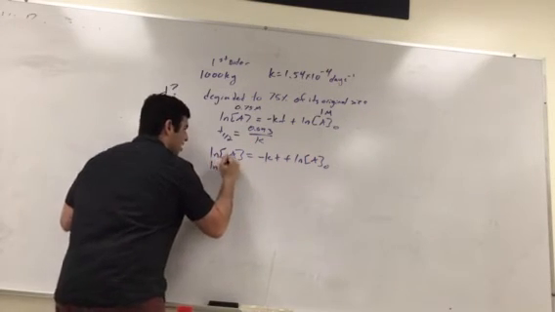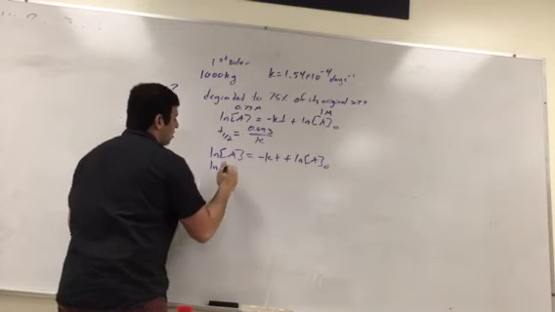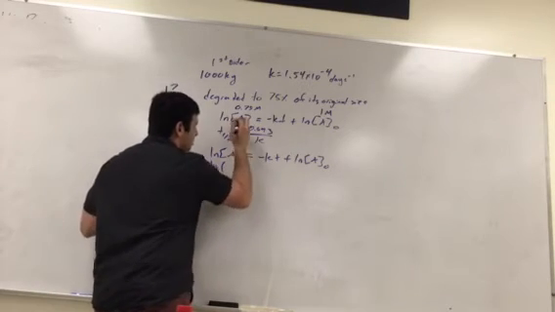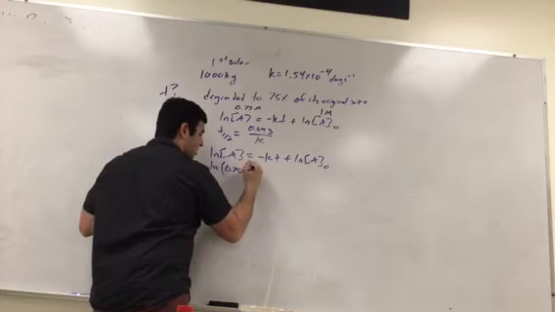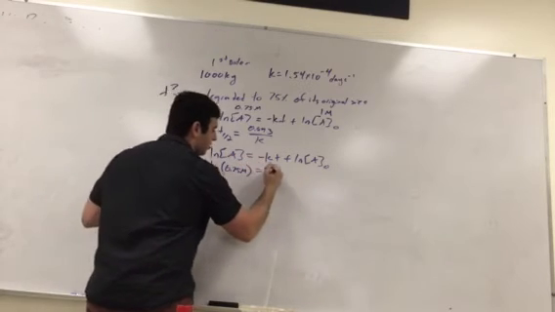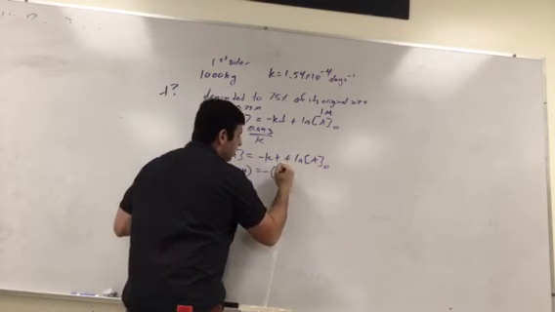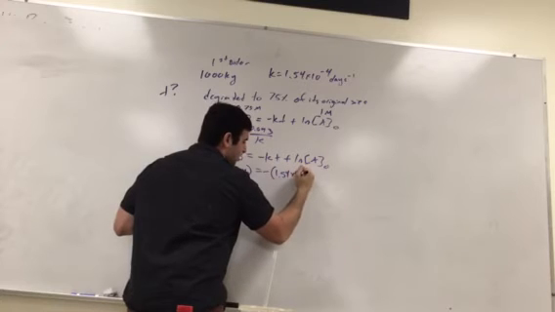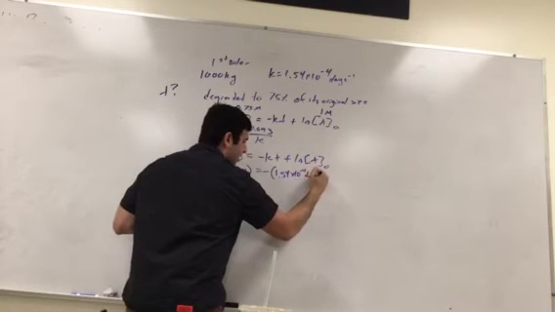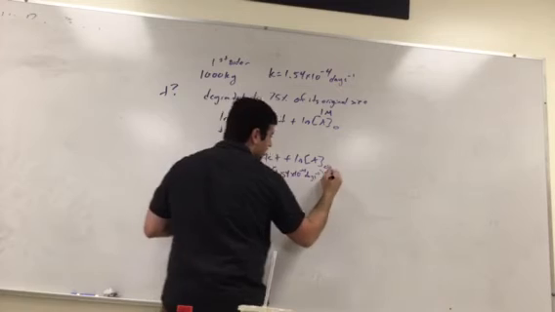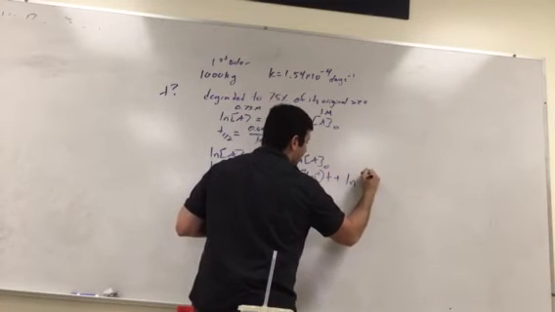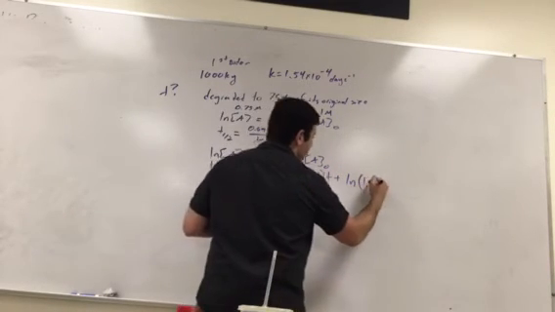Natural log a, which I said was 0.75, because that's how much I ended up with, equals negative k, which is 1.54 times 10 to the negative 4 days inverse, times t, which I'm looking for, plus natural log a naught, which I said was 1 molarity.